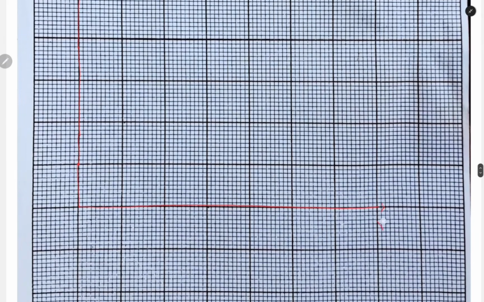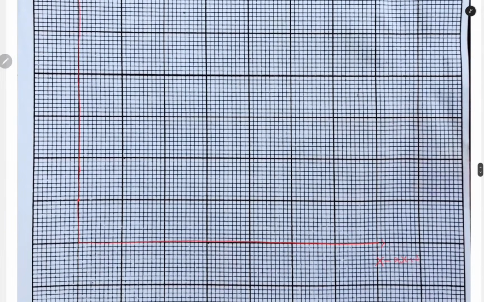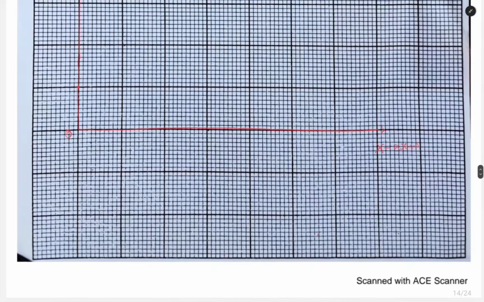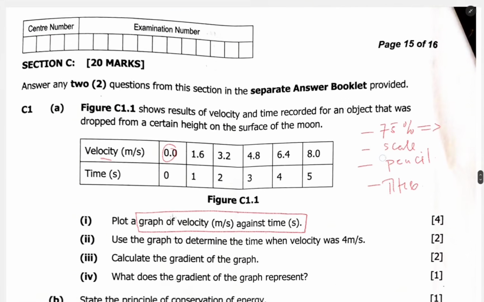You can even indicate this is the x-axis and this is the y-axis. So I've put the x and y-axis, and this is 0. Now, the remaining part is for me to choose the scale. Which scale am I going to use on the x-axis? To choose the scale on the x-axis, we are told to plot the graph of velocity against time.